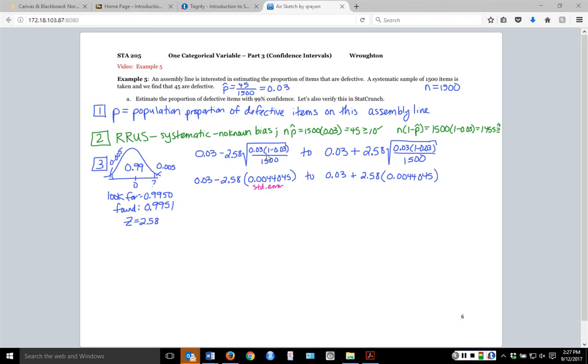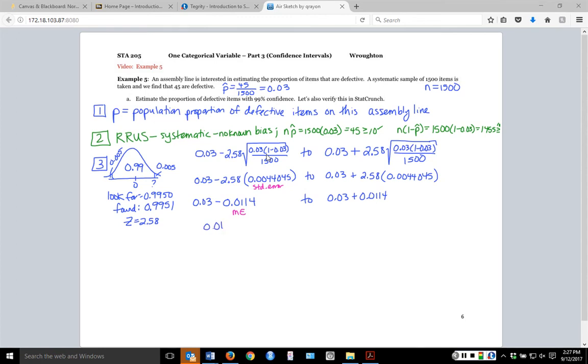Now we can actually do our multiplying. So we're going to take our 2.58 times that standard error, and we get 0.0114. And then again, a reminder of what this number is. That's what our margin of error is. Then finally we can do our subtraction and addition.